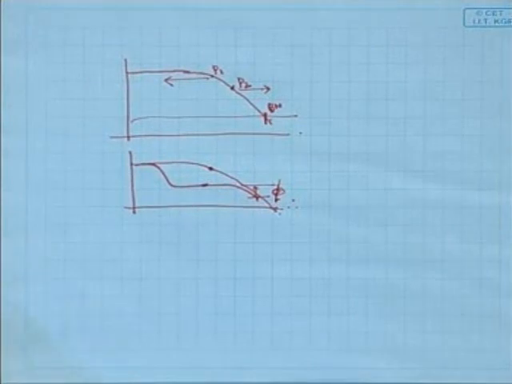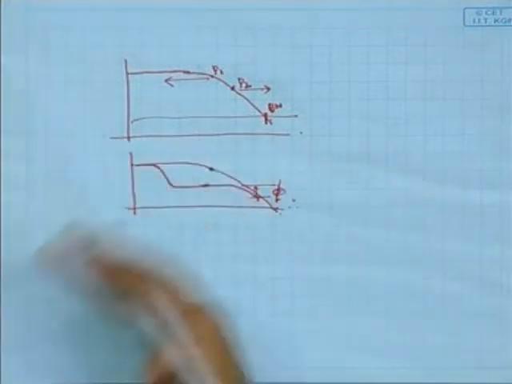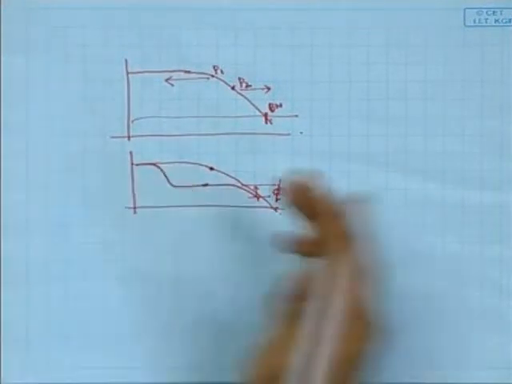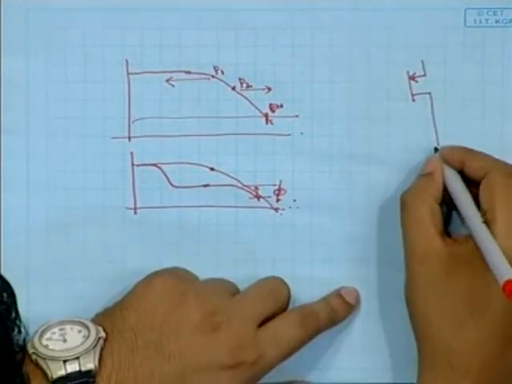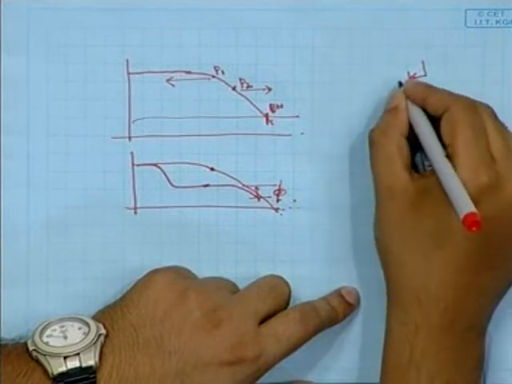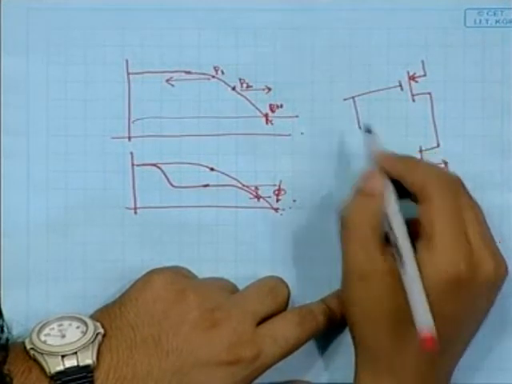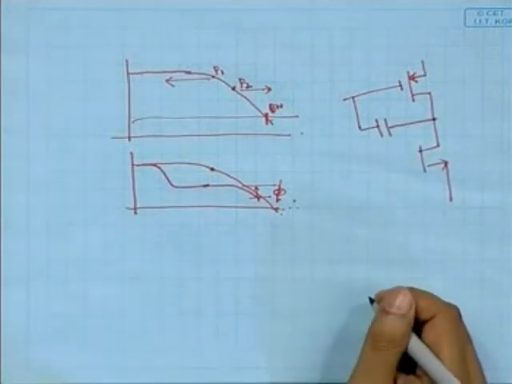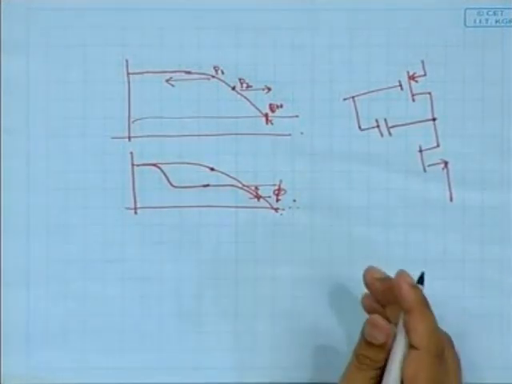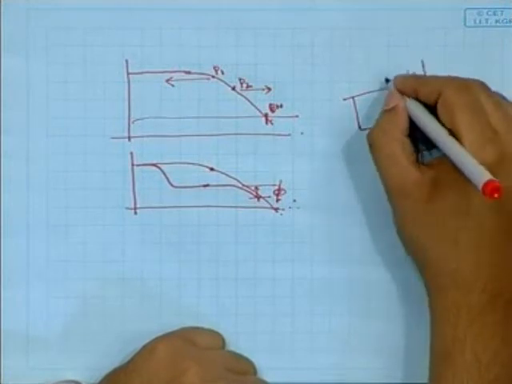So you have learned Miller's theorem, so we can apply it here. This is the input of the second stage. We just add a capacitor. So what will it effectively give? It has some gain.